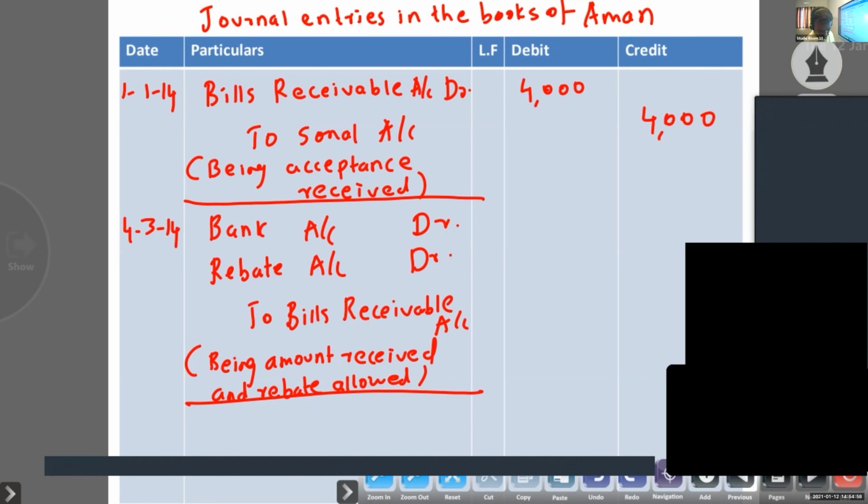So here you have to remember, 3 months is the due date. So 2, 3, 4. So April you have to get, March we got the amount. So 1 month before.